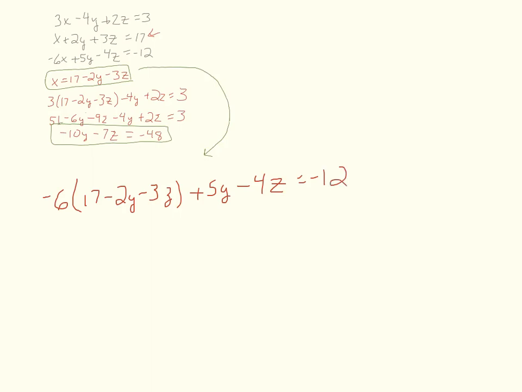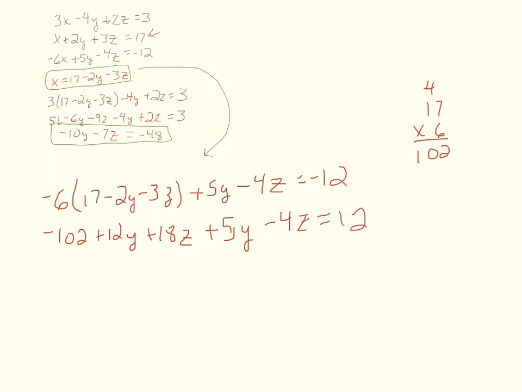Okay? So, again, my math isn't as good as it used to be. 17 times 6, 2, 4. That looks like 102 to me. So if we have a negative 102 plus 12y plus 18z plus 5y minus 4z equals 12. Okay.